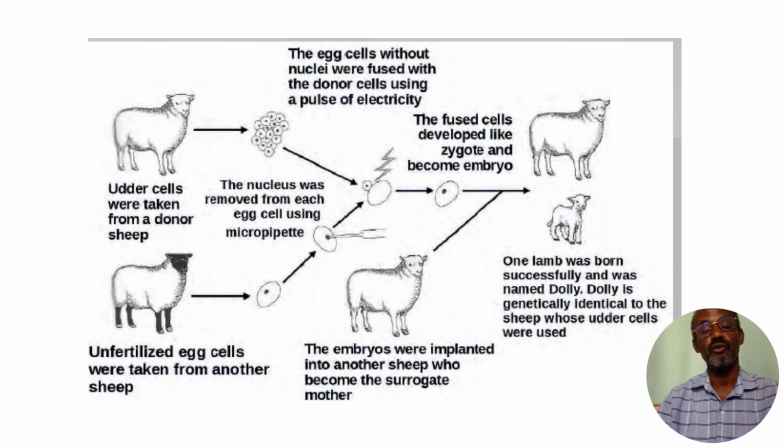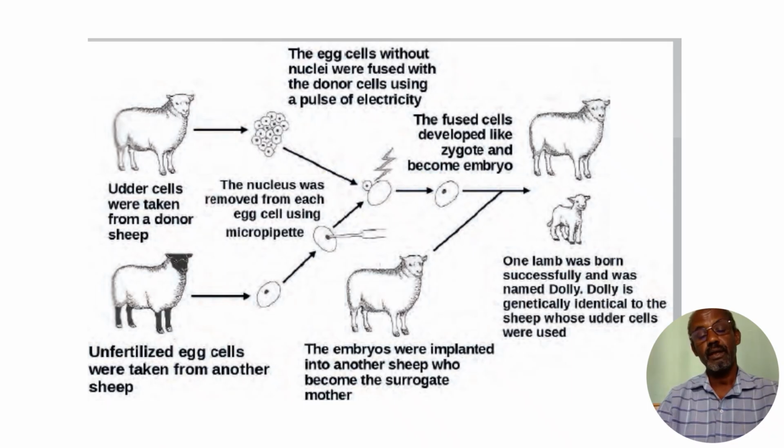The sheep at the top right is the surrogate mother. She is only lending her uterus for development of this embryo into an adult. And after a certain period, that is the usual gestation period, the sheep is born, the baby sheep you can see.